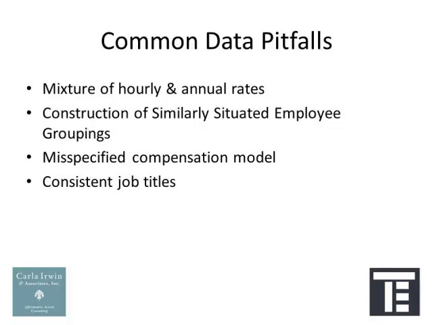And so that makes it really hard when you're reviewing data to find those people, like Stephanie was saying, similarly situated employee groups. So the base of that is having consistent job titles. Also, when it comes to levels, I discuss with my clients, so there's a very broad job title of engineer.